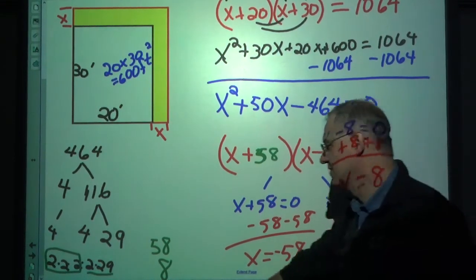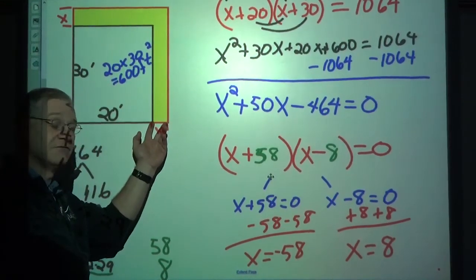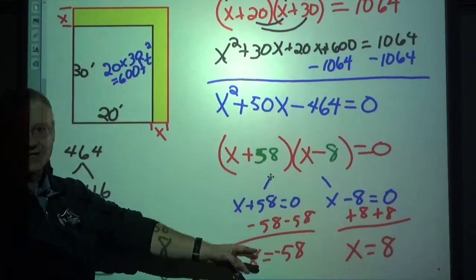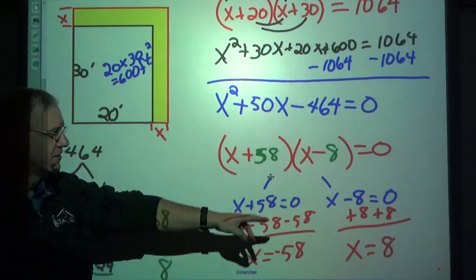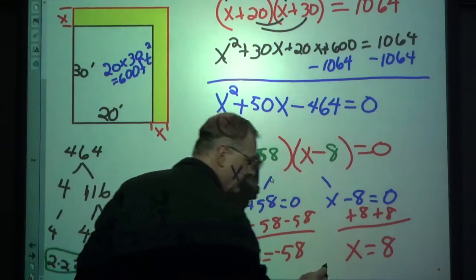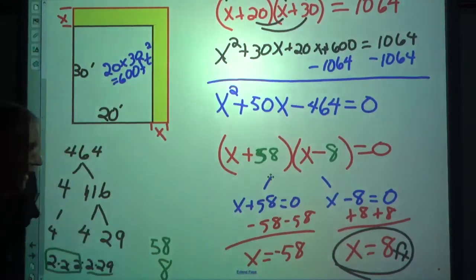Now, let's think about this. We're extending this by a certain number of feet. Do you think I could extend it by negative 58 feet? That makes no sense. So the answer has to be positive 8 feet is how much I'm extending this patio. And that's how we do it.